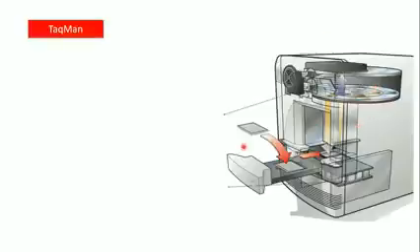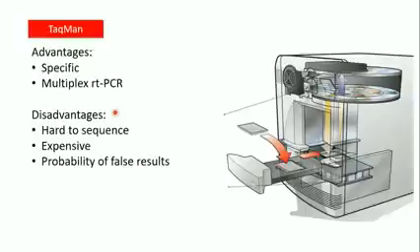Now let's speak a little bit about the advantages and disadvantages of the specific detectors, or the TaqMan. Of course, the first advantage is the specificity. It's specific to a certain sequence or to a certain gene. And because of this, I can do the multiplex real-time PCR. What is the multiplex real-time PCR?